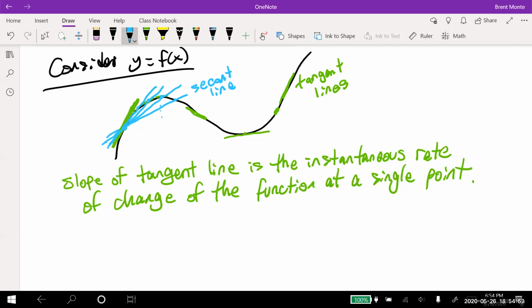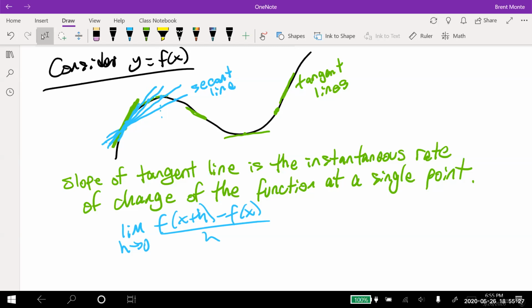And what I do is I'm making that h value smaller and smaller. In fact, what I'm doing is I'm taking the limit as h goes to 0. So the point is right next to this other point. And that slope is almost identical to the slope of the tangent line. So if I look at the limit as h goes to 0 of my difference quotient, so remember that f of x plus h minus f of x all over h, that was the slope of the secant line.